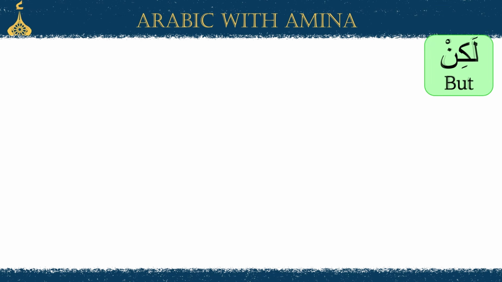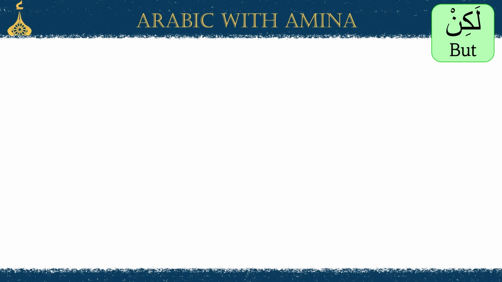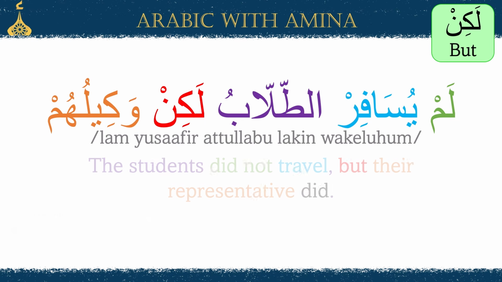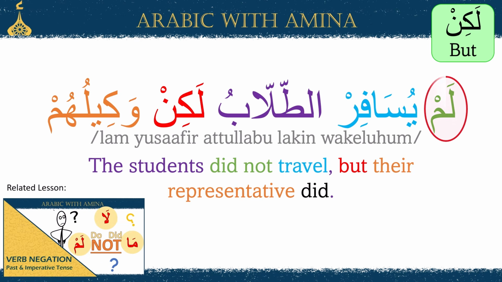And last but not least, we have لكن. لم يسافر الطلاب لكن وكيلهم. The students did not travel, but their representative did. Whenever you are using the word لكن as a حرف عطف, the part that comes before it will be negated.